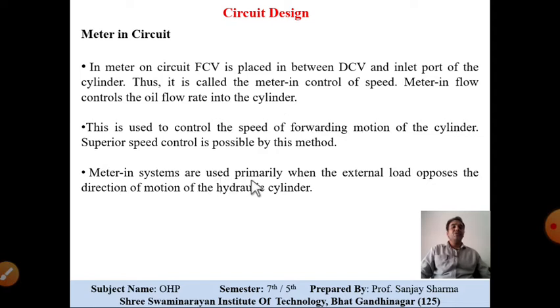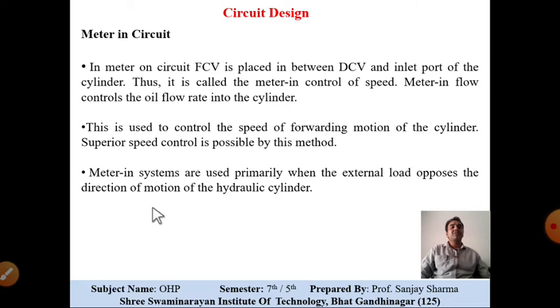Metering systems are used primarily when the external load opposes the direction of motion of the hydraulic cylinder. As we have seen in the diagram, the velocity of the piston was on the right side, but the force or load was acting toward the piston.